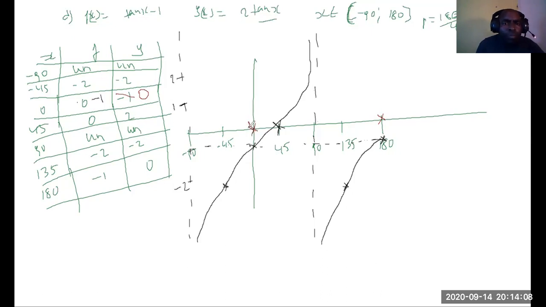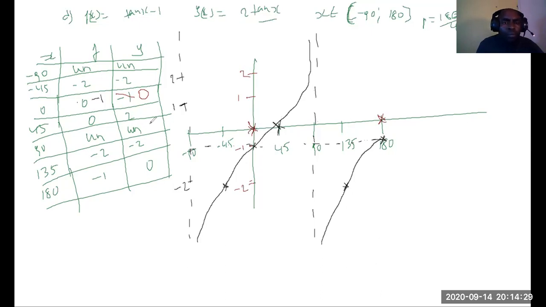My maximum is at 45, where I have got 2. Where is my graduation now? Here is 1. Here is 2. Here is -1. Here is -2. So I've got a 0 here and a 0 there.